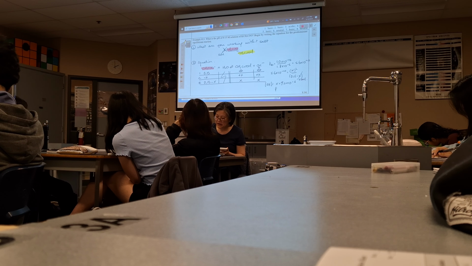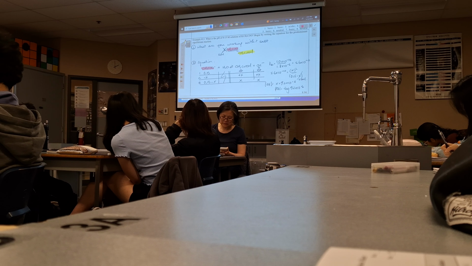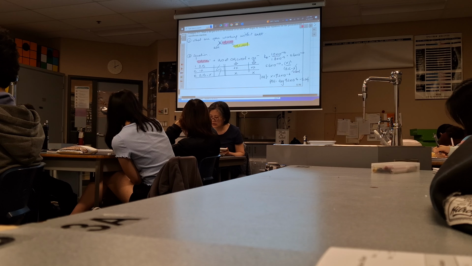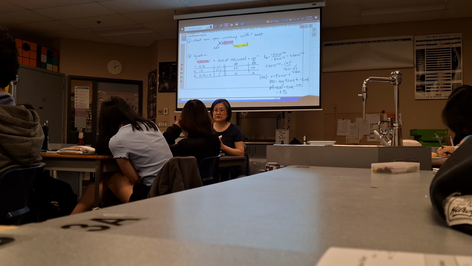And then if I find the pOH, it is negative log 9.2 times 10 to the minus 6, and I get 5.04. So pH is equal to 14.00 minus 5.04, and I end up with 8.96.